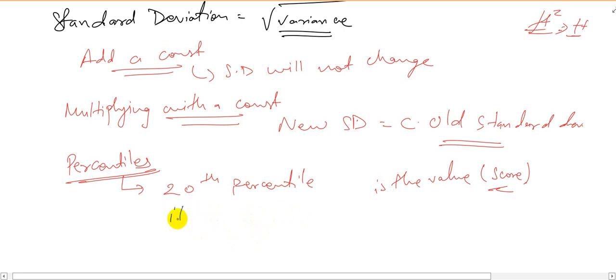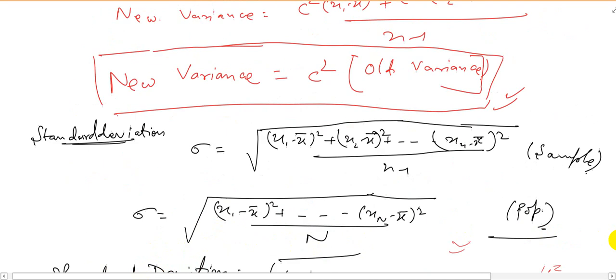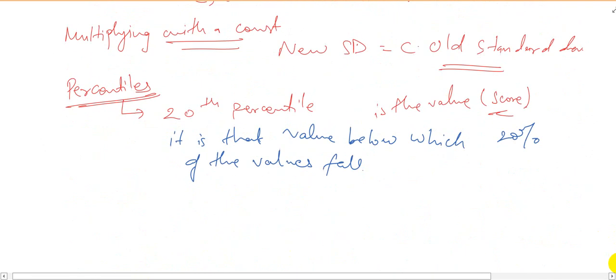It is that value below which 20% of the values fall, right? So the concept of percentile is like this.